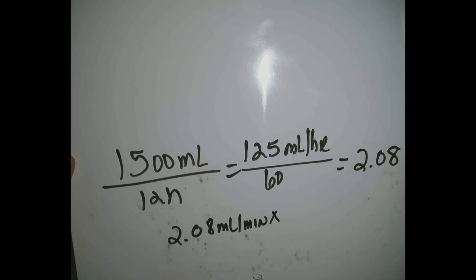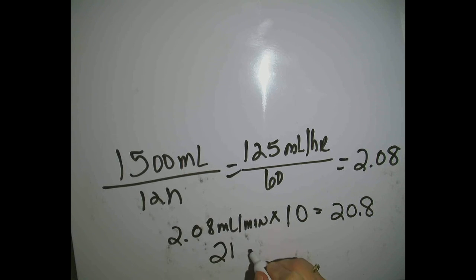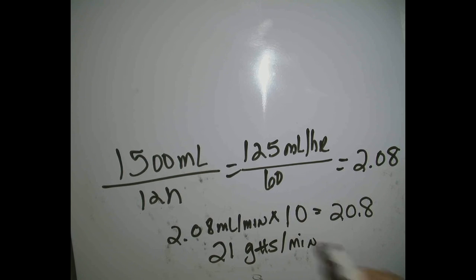And we multiply that by our drop factor, which in this example is 10 drops per milliliter. So we've determined that there are 20.8 drops per minute. Again, rounding that to the whole number, our answer would be 21 drops per minute.